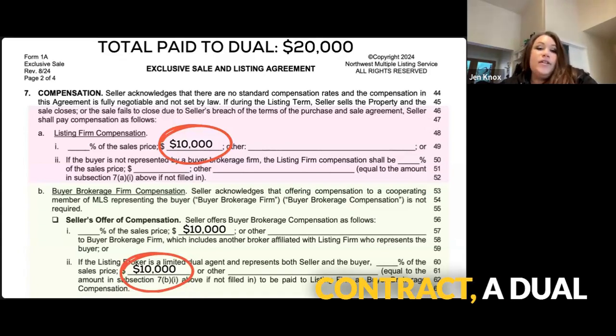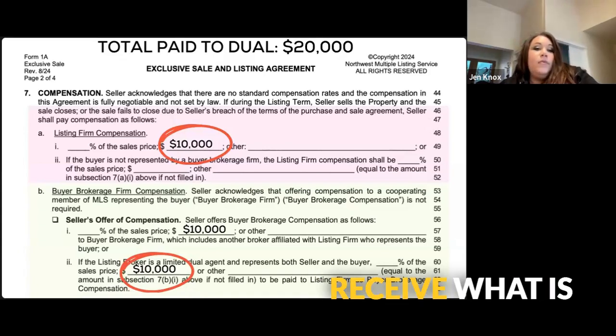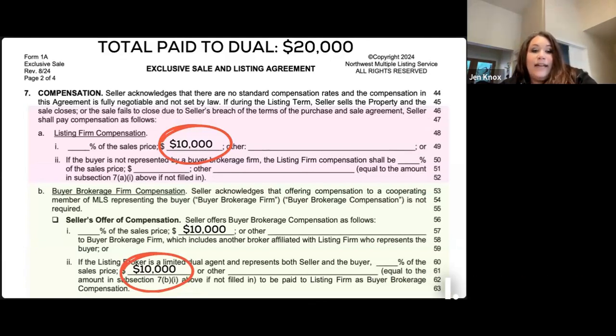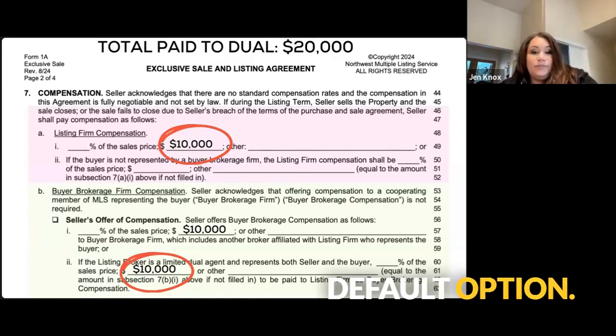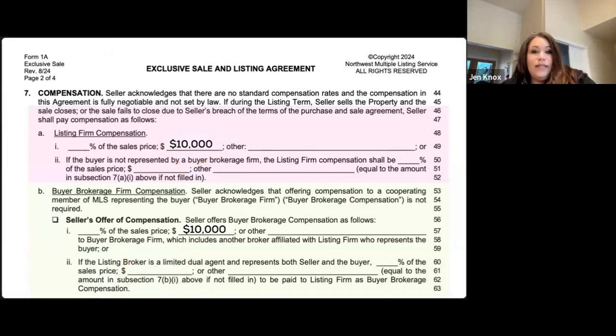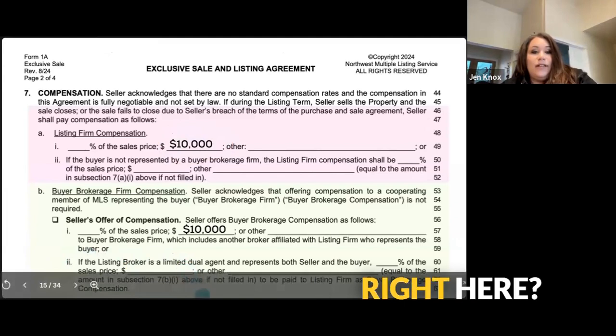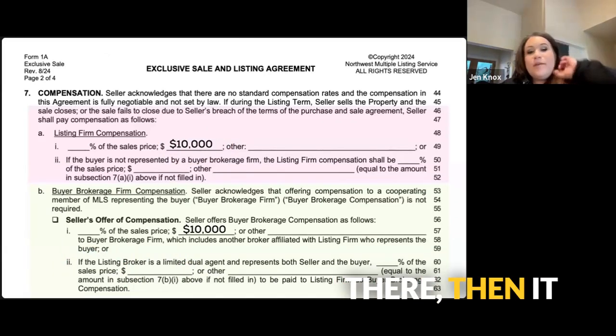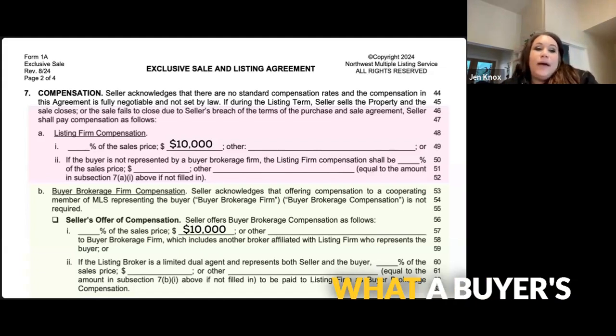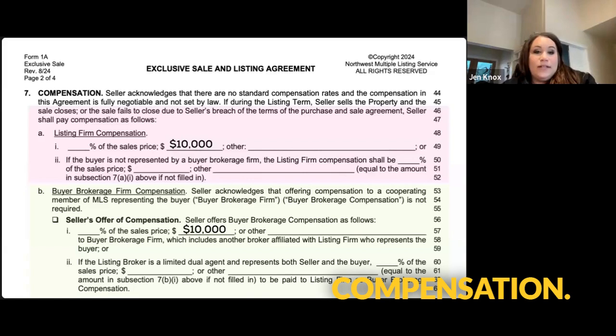So in this contract, a dual agent would receive what is in 7A and what is in 7B paragraph II. If there's nothing written in 7B II, there is a default option. So what about if there is nothing written right here? If you remove it and have nothing down there, then it refers back to what a buyer's agent would have been paid if there was no difference in that compensation.